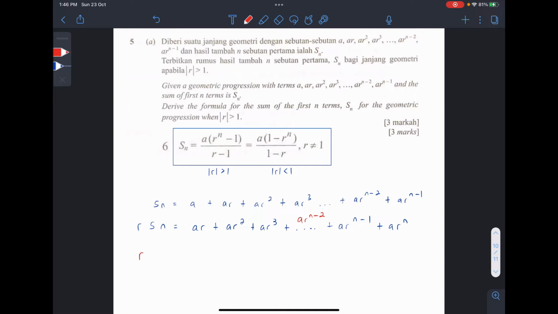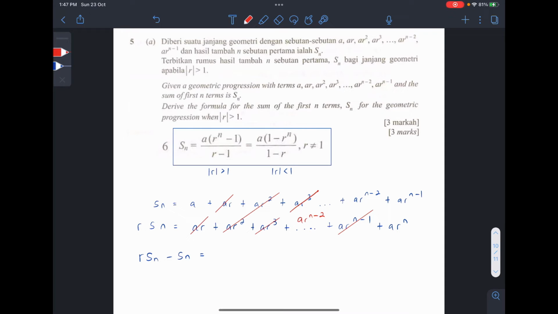I don't want to use a red pen, I want to use a blue pen. So rSn minus Sn equals, wherever you can cut, just cut because it's subtraction. So ar with ar, ar squared with ar squared, ar cubed with ar cubed, and ar, oops, I erased it.